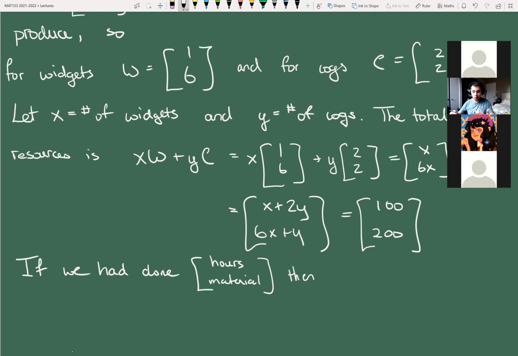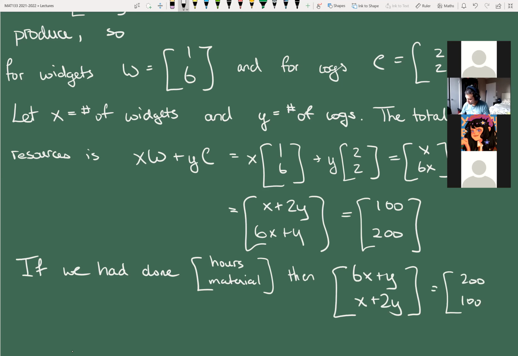And we were to go through the whole thing again, we would get exactly the same thing, just, you know, kind of upside down. Okay, so it doesn't make a difference the order that you do them in. It's just that once you fix the order, make sure that everything after that preserves that order, right?